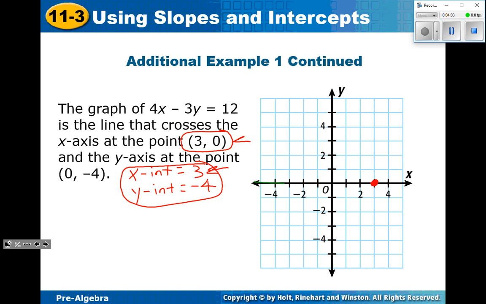And the y-intercept is negative 4, which corresponds to this point, over 0 down to negative 4. So once we have plotted the x and the y-intercept, all we need to do is connect them and extend the line, and now you have used the x and y-intercepts to graph a line.